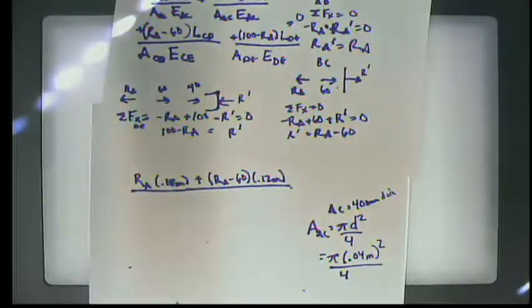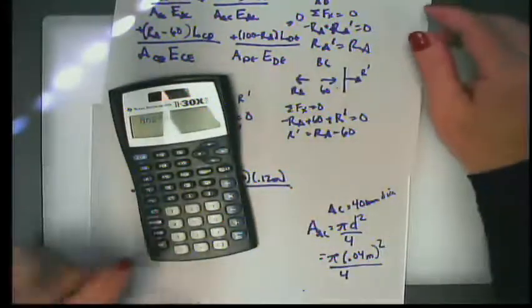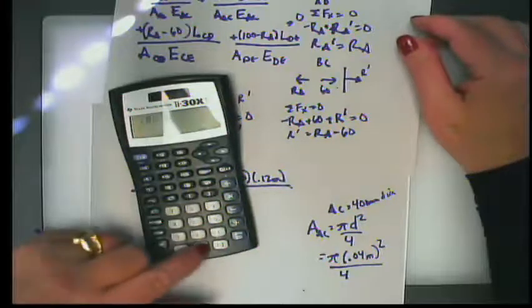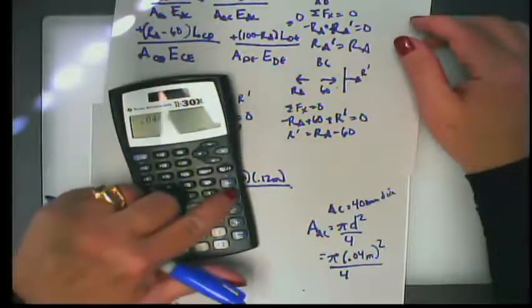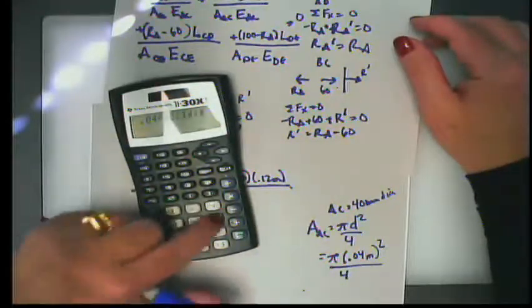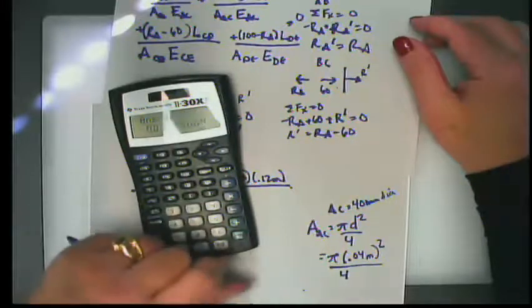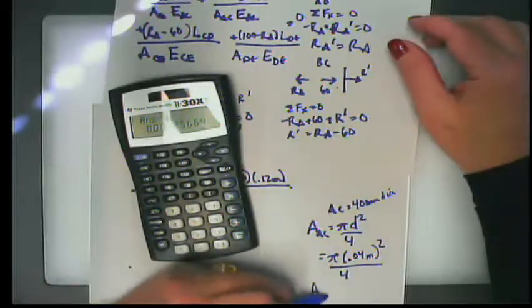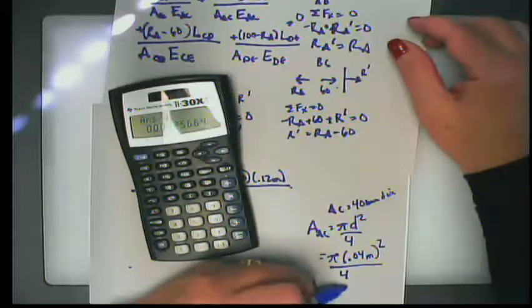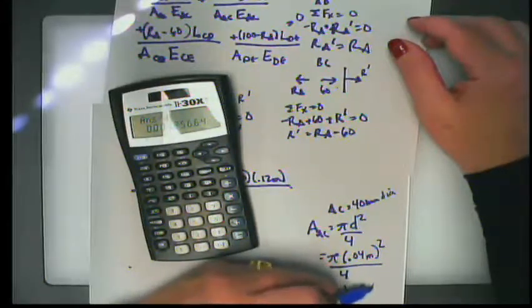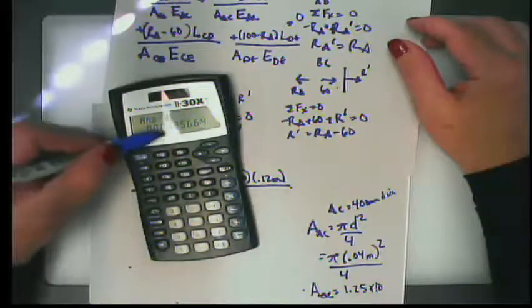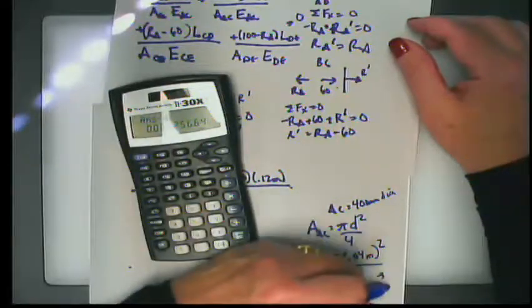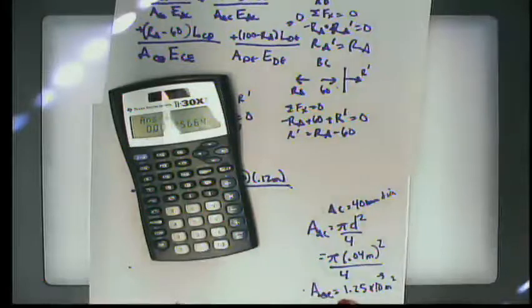Okay, and let's do that calculation. 0.04 squared times pi divided by 4 equals, so the area of AC is equal to 1.25 times 10 to the minus third meters squared. Okay.